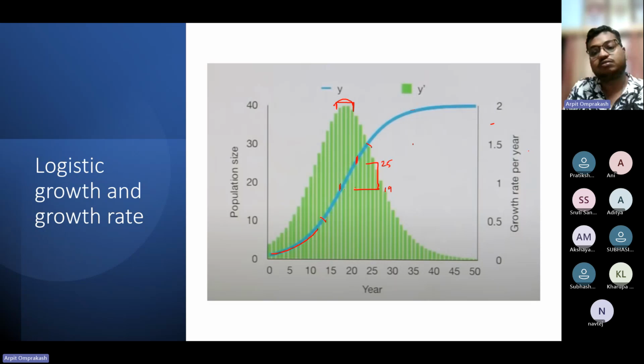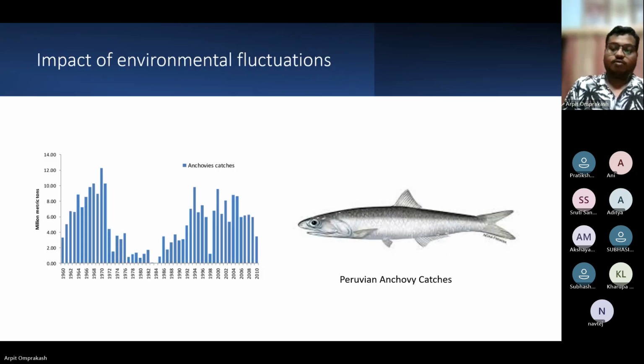But then over the next few years, it will again increase to 25. Right. So we'll get the maximum benefit if we are harvesting the population here, and the number will depend on the specific time points we choose and the difference between these.